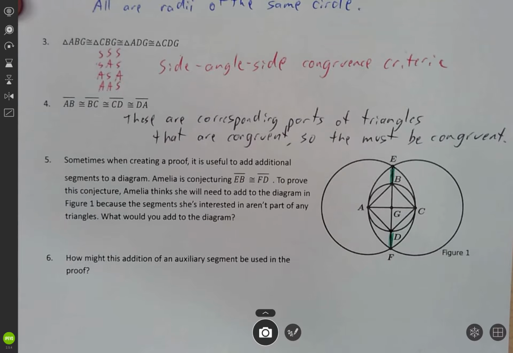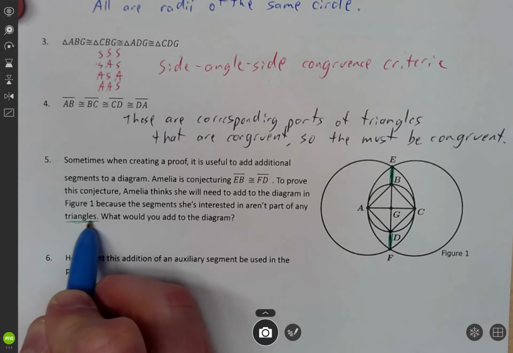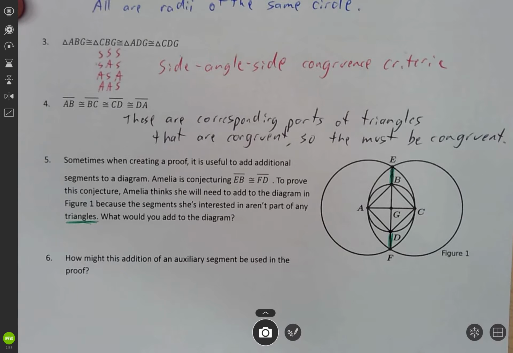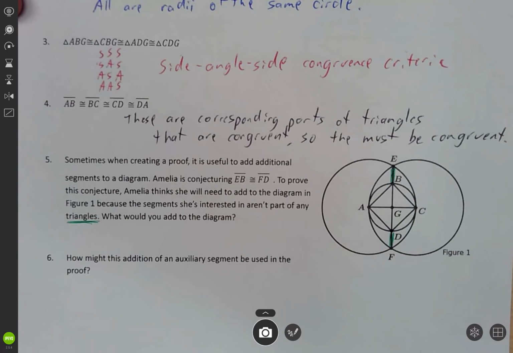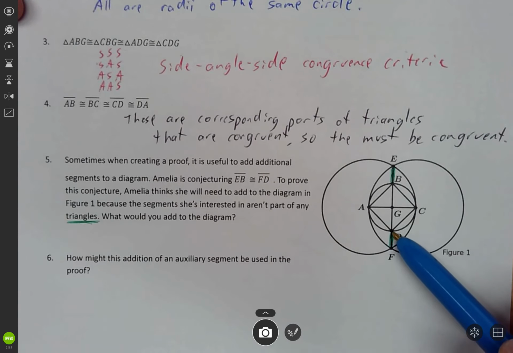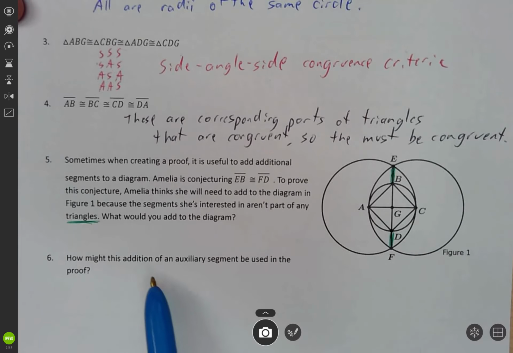And the symmetry of the picture certainly suggests they would be congruent, but if you wanted to prove it, it would be super helpful if they were part of triangles, because the primary way that I prove sides are congruent is I make the whole triangle congruent, and then all of the corresponding parts have to be congruent. So they aren't a part of any triangle in this picture, but they could be if I added a line. The question for 5 then is, what would you add to the diagram to make them part of a triangle?